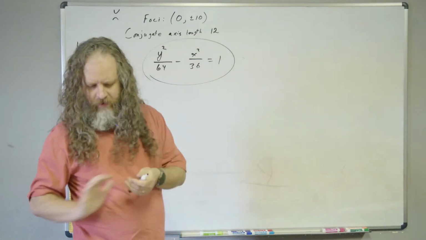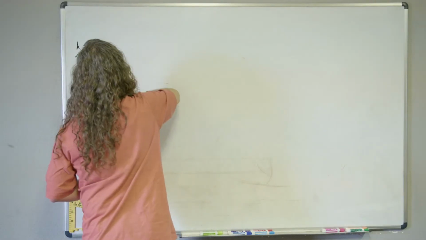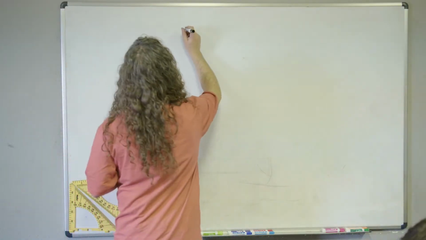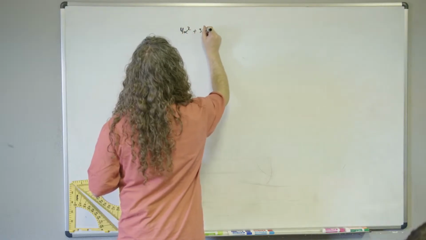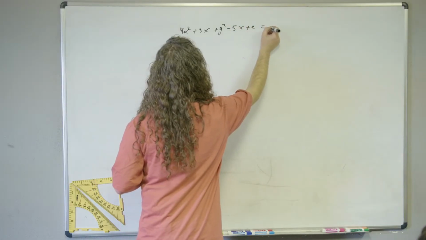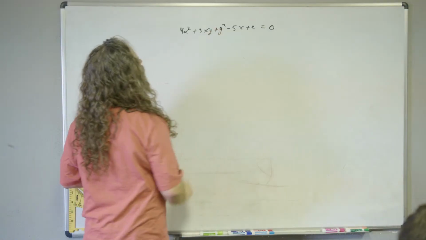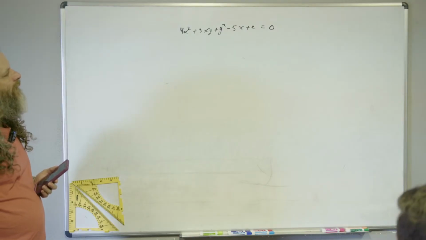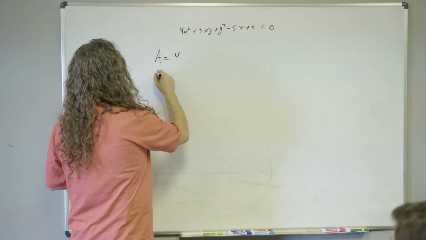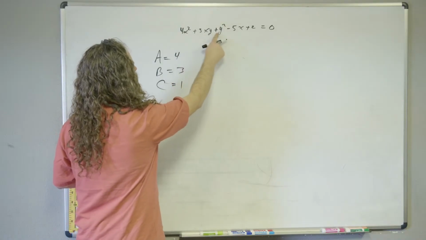So, what is the number, whatever it is, 15? What does it give us? 15 is 4x squared plus 3xy plus y squared minus 5x plus 2 equals 0. All we need is 4, 3, 1. Don't mind the dollar sign. What is A? A is 4. What is B? 3. What is C? 1. 4, 3, and 1.